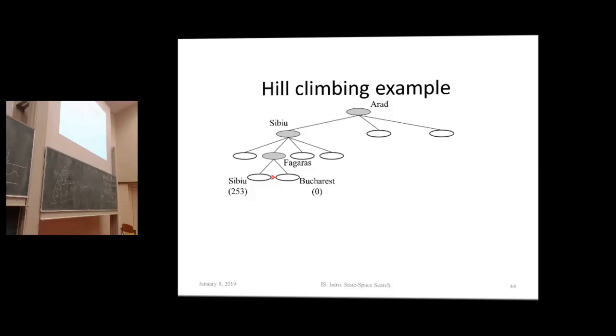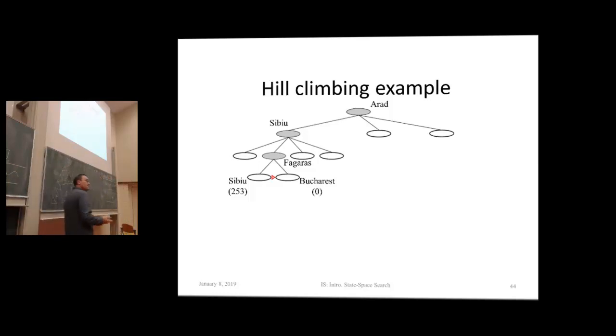And very often if you start somewhere, you go, this is where the name comes from. You climb a hill. And then when you find the top of the hill, you have nowhere to go anymore, because all the nodes that you can reach from this one node, from the hill, go down. They are worse. But they are not necessarily the solution.